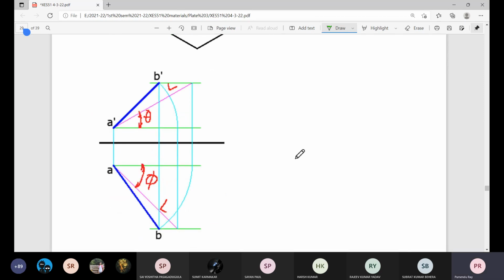When this line plan and this line elevation is given, the step is reverse, means we need to go back to this location where we have the true length and true inclination with the horizontal plane. So make this plan AB parallel to GL.